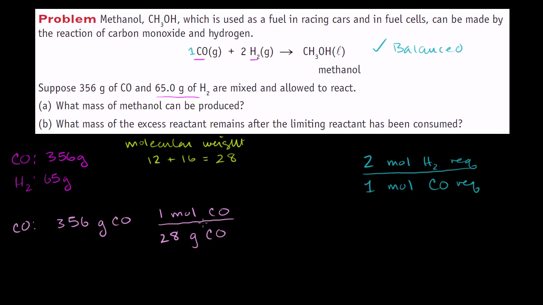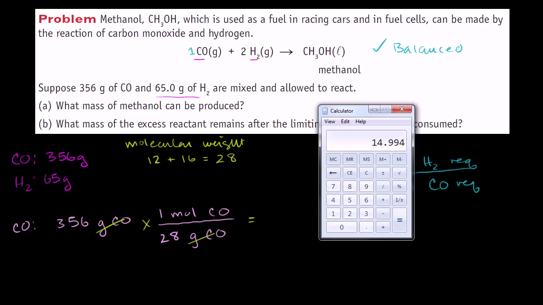So 1 mole of carbon monoxide is 28 grams, or 1 mole per every 28 grams. And the reason I wanted to put the grams in the denominator is so it cancels out over here. So those cancel out when we multiply, and we are left with 356 times 1 divided by 28 moles of carbon monoxide.